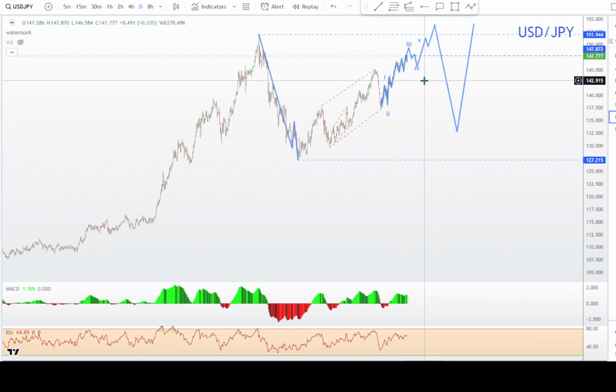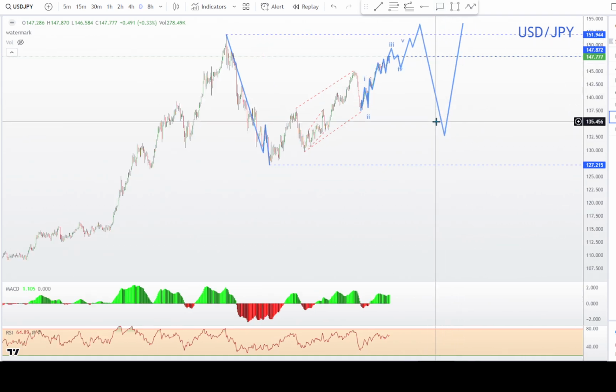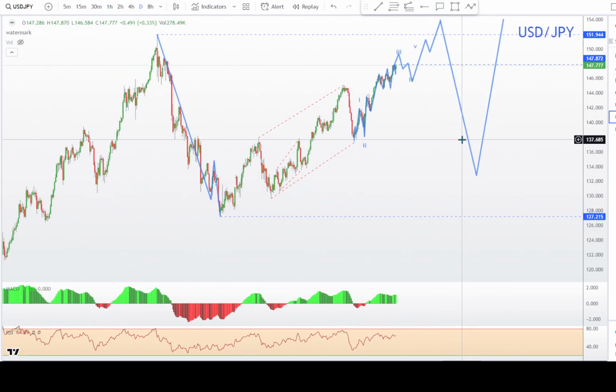If you trade the yen, I'd be more looking for this 5-wave move to end, because you want to be in that C wave move. That's going to be a big move. That's going to take many weeks, I would think probably even more like 1 to 2 months for that C wave to play out.